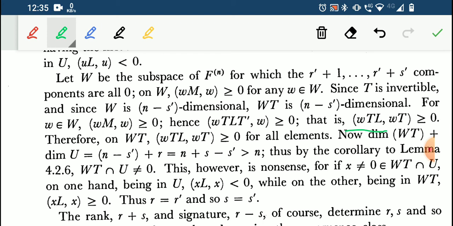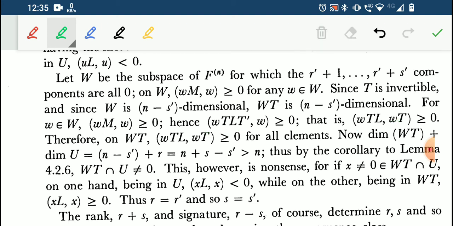Multiplying W into these three matrices TLT' and then taking the inner product with W is the same as first multiplying W by the two matrices TL, and multiplying W by the matrix T, and then taking the inner product.